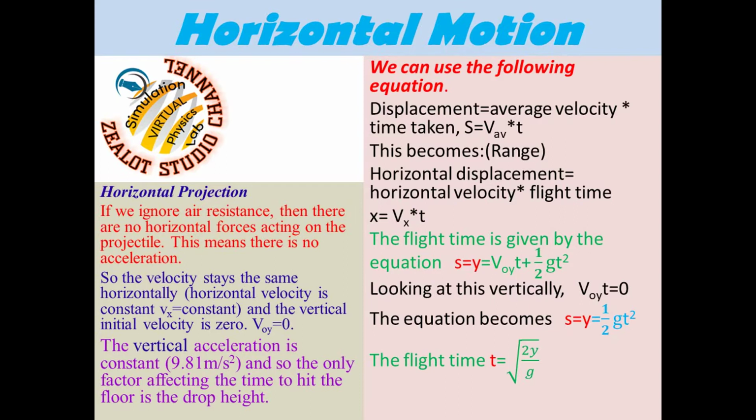Here the motion is horizontal, therefore the horizontal velocity is constant, which means the average, V1 plus V2 over 2, is the same value, Vx. Horizontal displacement means the range of a projectile.